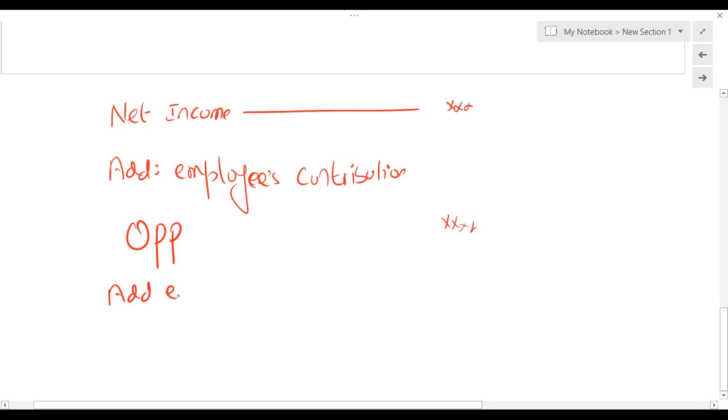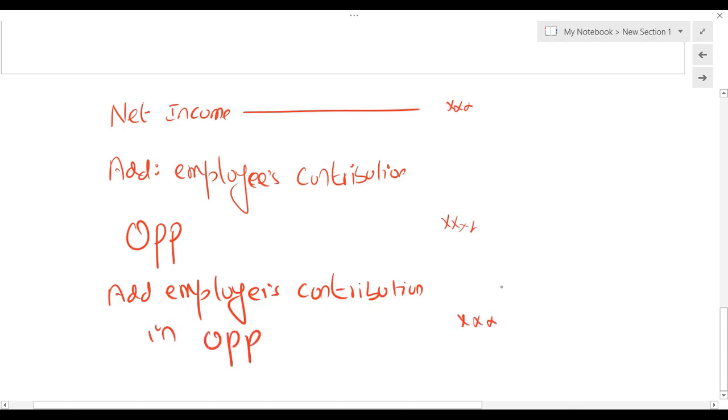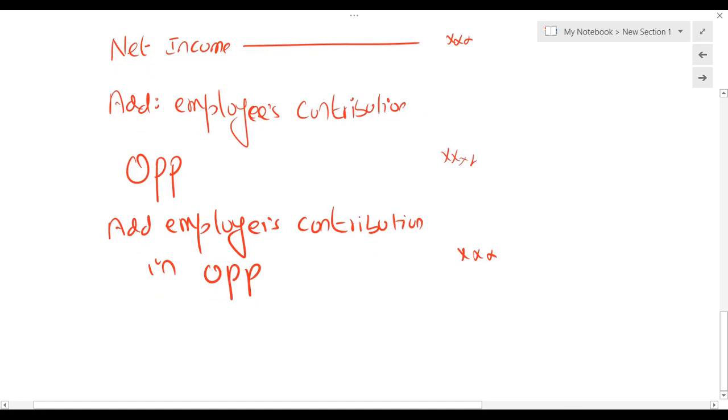Add employer's contribution in occupational pension plan. Add employer's contribution in PPC also. When your employer is contributing for you in personal pension plan, we never gross that amount.